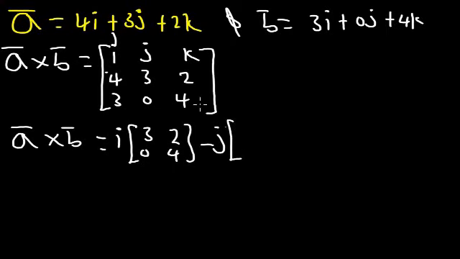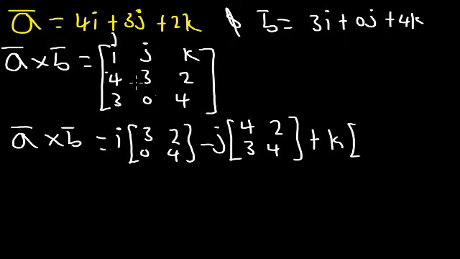So open a bracket, then exclude all the elements in the same row as that of j, while you include what are left overs. So that's going to be 4, 2, 3, and 4. Okay, then for the last one, with that of k, you exclude it, plus k, then in a bracket of 4, 3, 3, 0.